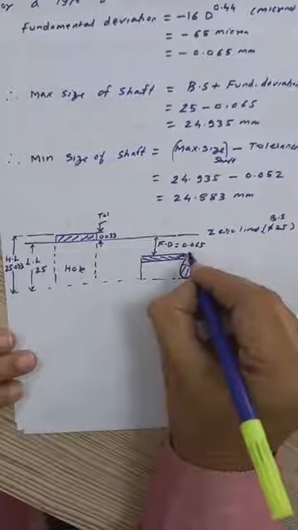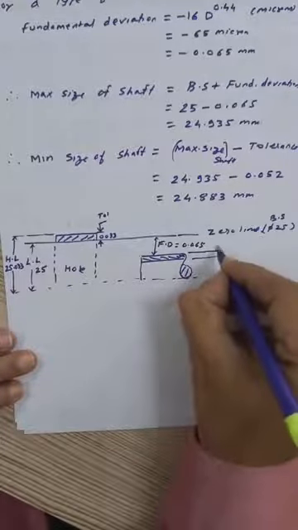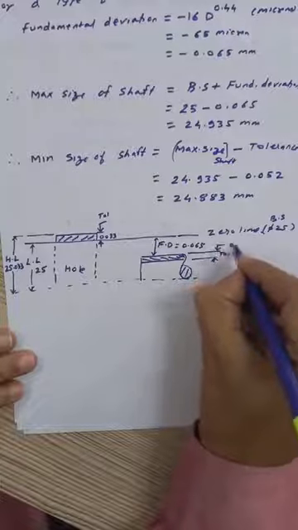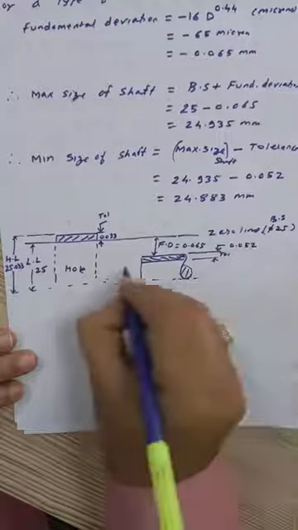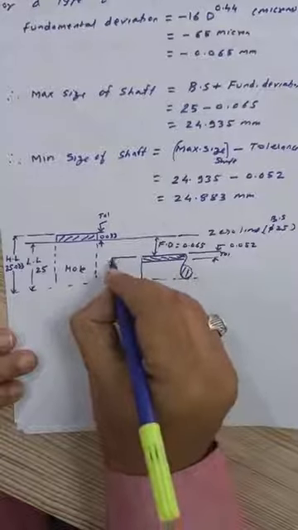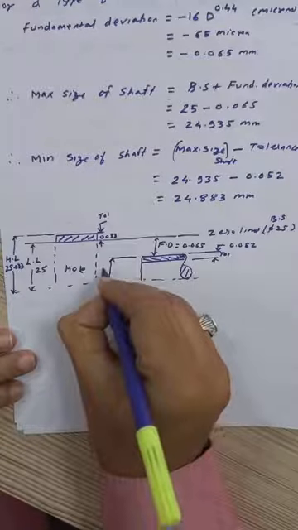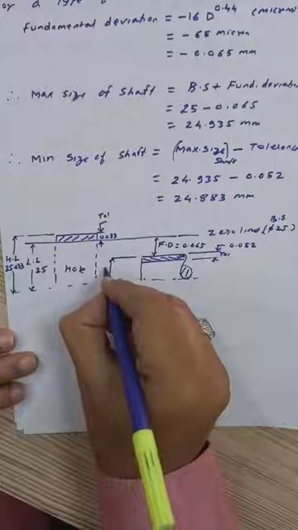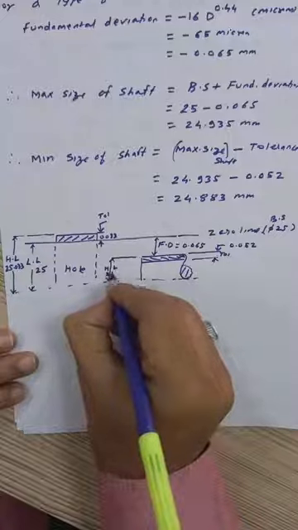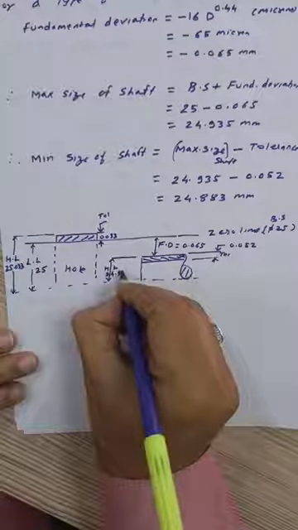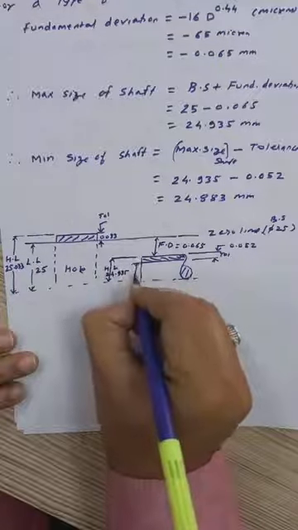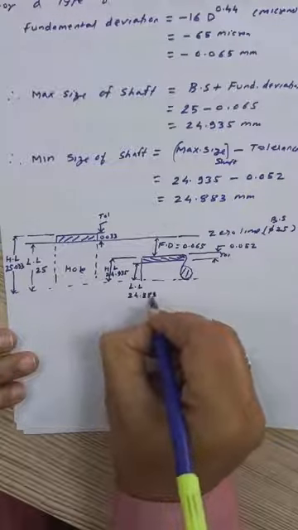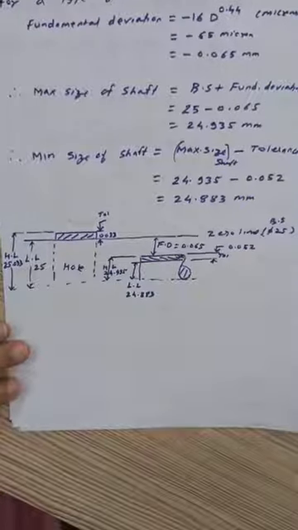This is the tolerance for shaft, 0.052. This is the maximum size of shaft or high limit of shaft, 24.935. This is the low limit of shaft, and that is 24.883. Okay, thank you.